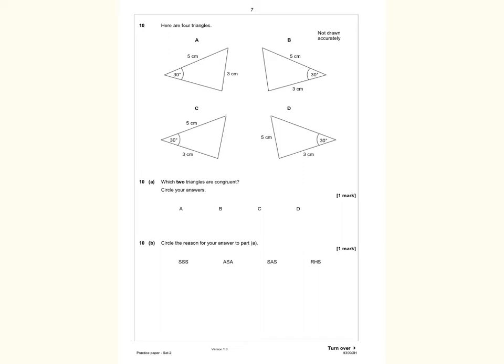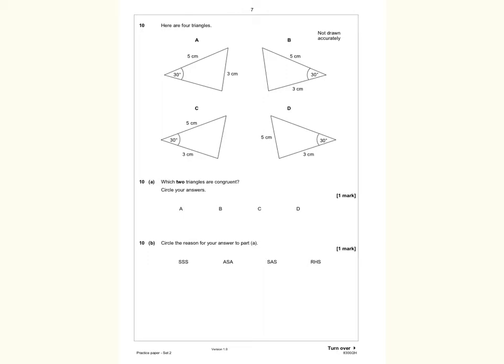I can already see that this 30 degrees is in between the 5 and the 3 here, and it's also in between the 5 and the 3 here. If I take this triangle and put it here, it would just look like a reflection on a line, and therefore they are the same size and the same shape as well, exactly the same triangle. Okay, so it's B and C which are congruent.